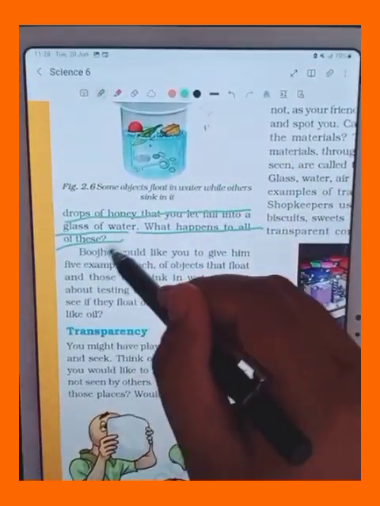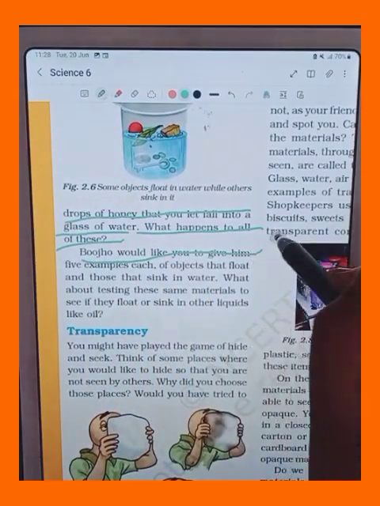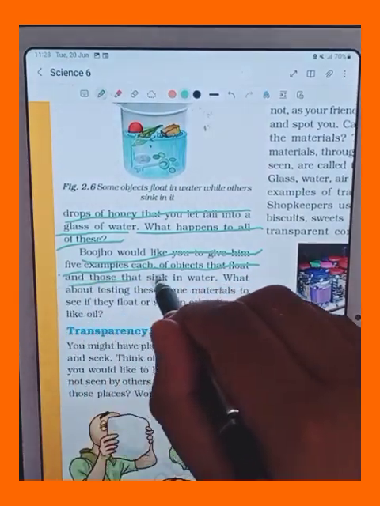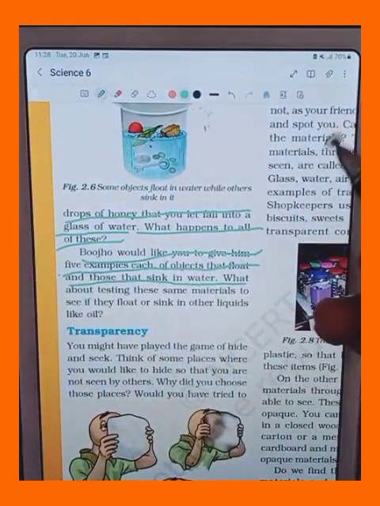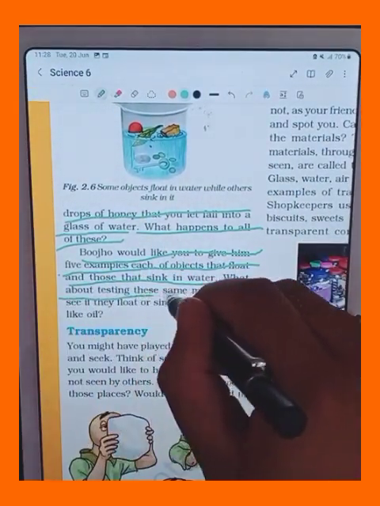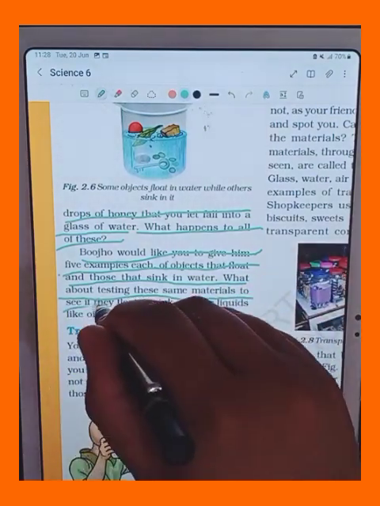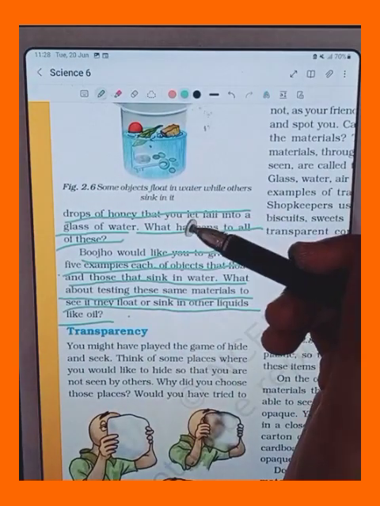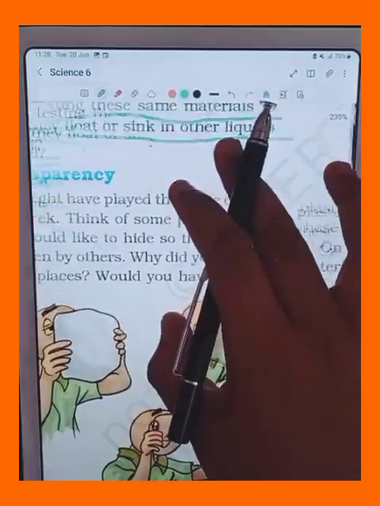Bujo would like you to give him 5 examples of objects that would float and those that sink in water. Think about testing these same materials to see if they float or sink in other liquids like oil.